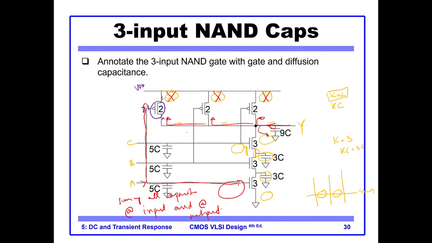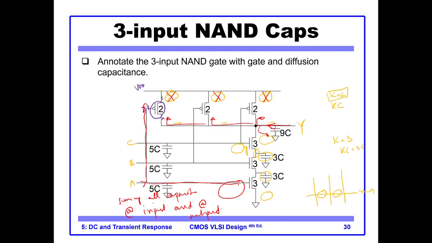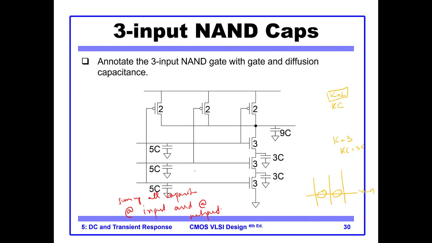If I remove all these, so this is our equivalent circuit. At every input, so this was our A, B, C, we see a capacitor of 5C, and at the output we see a capacitor of 9C.